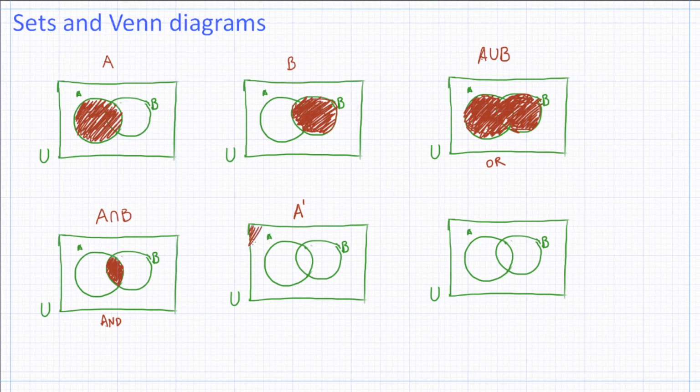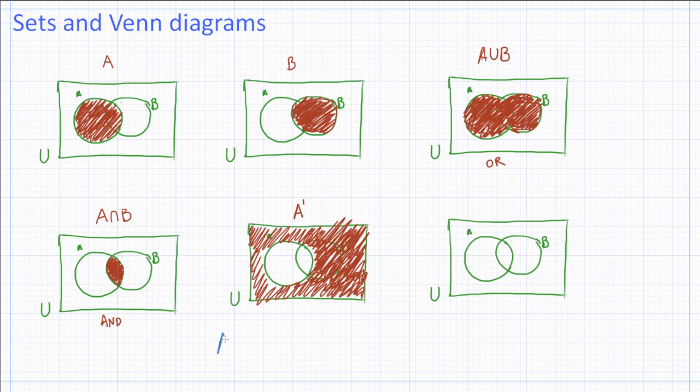So everything which is outside of A would be shaded, everything which is outside of A. And that's it. That would be not A.